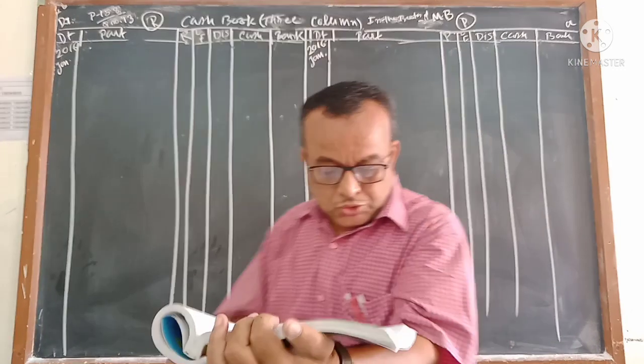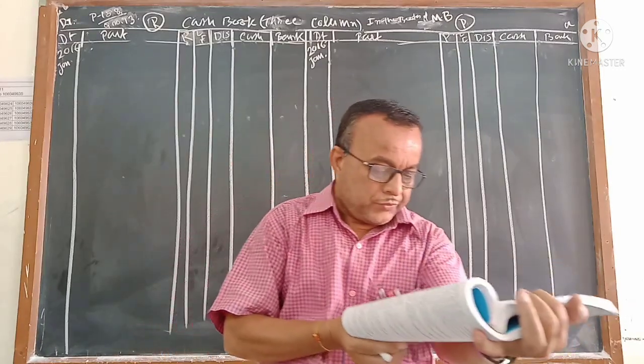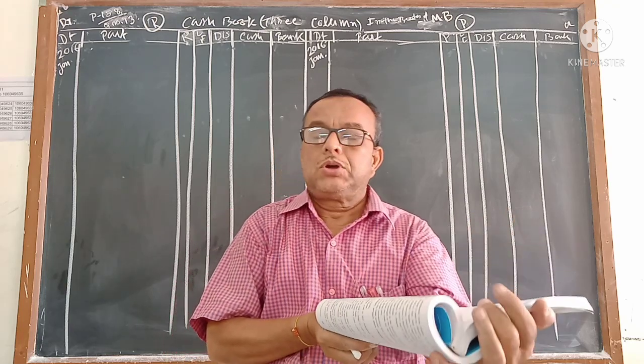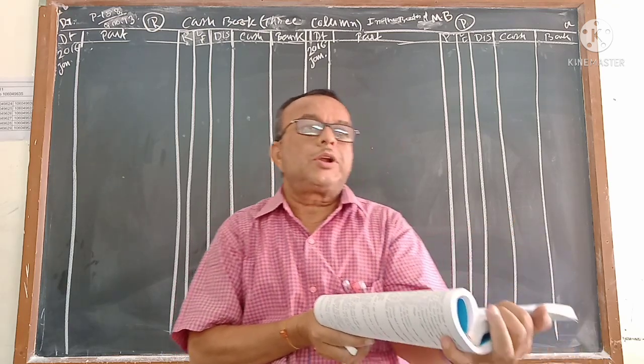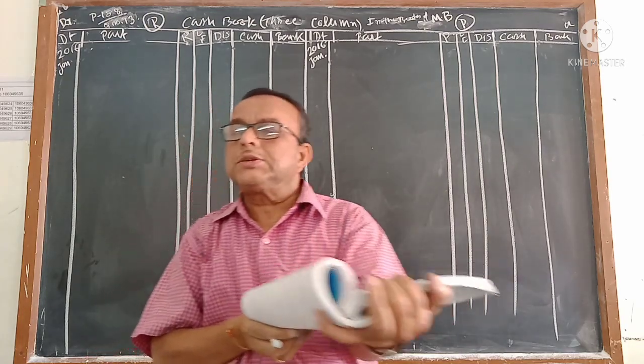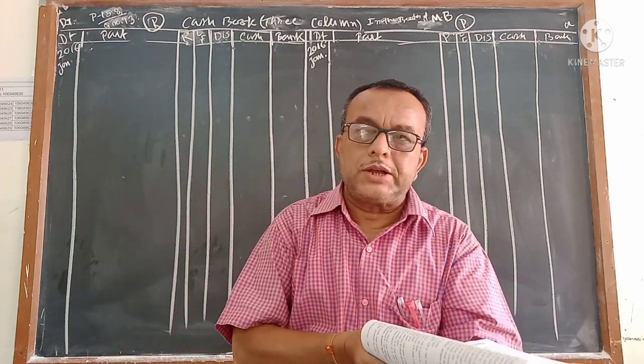Here, first we will write the opening balance, Jan 1st. Opening cash balance of rupees 3,500 and opening bank overdraft of rupees 6,000. If a bank overdraft is given, it will come on the credit side, and if a bank balance is given, it will come on the debit side.